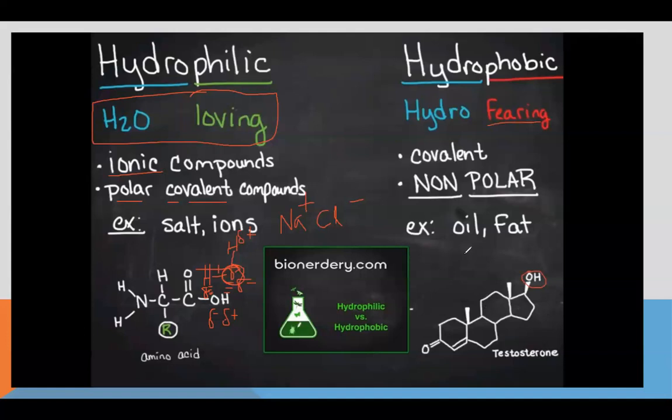The reason is that when carbon and hydrogen share electrons, they don't share them unevenly. They share them evenly. The H and the C both pull equally hard on the electrons, and neither one wins the tug of war. So neither one becomes partial positive, neither one becomes partial negative.